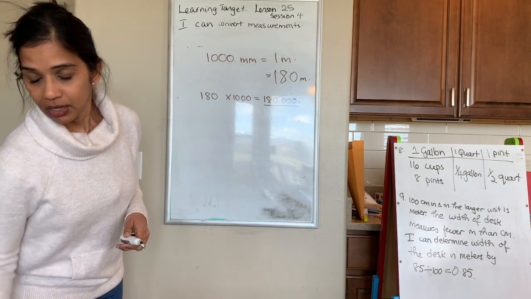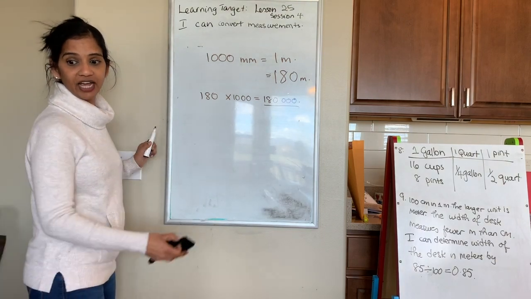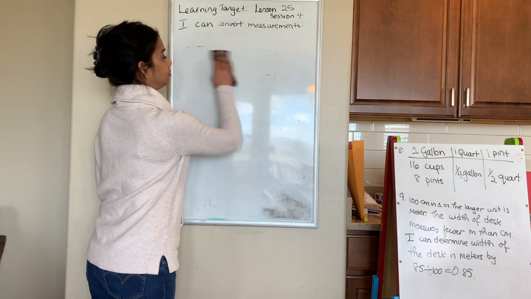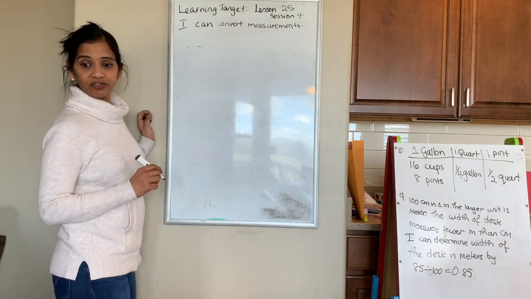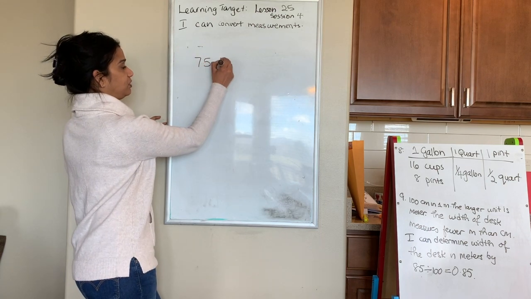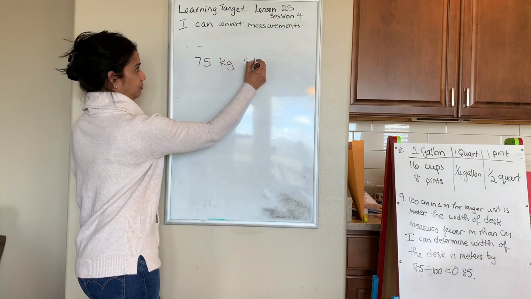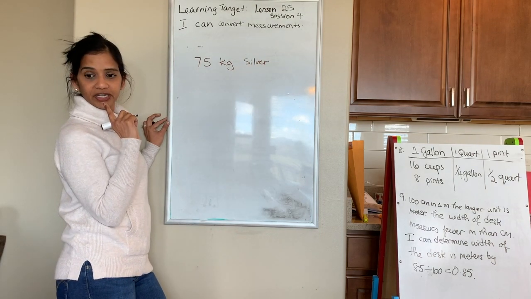Okay. And number 4. A mining company digs 75 kilograms of silver. They plan to use 1 gram of silver in each special coin they make. So they came up with 75 kilograms of silver. It's a lot of silver. 1 gram of silver in each special coin they make.